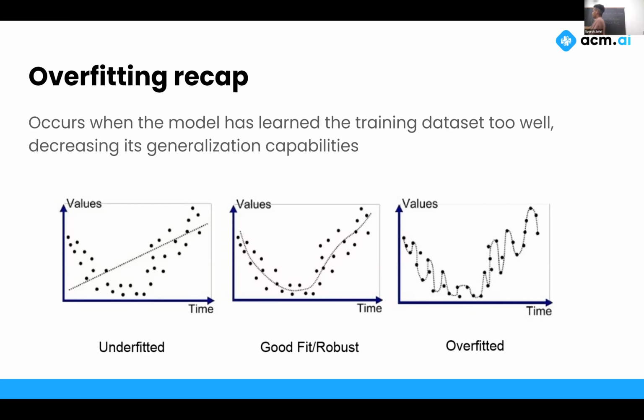to unseen data, right? So these are some examples of one model trained on the same data, but with a good fit versus underfitted or overfitted. This one is a robust fit because it matches the data flow pretty well without overfitting and literally touching the data points.